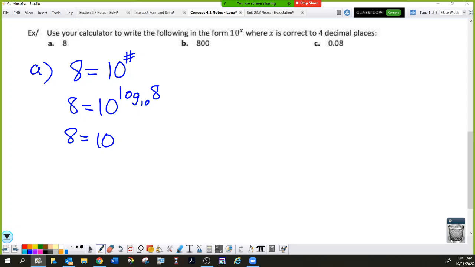On everybody's calculator, there's a button that just says log that assumes base 10. So what is log of 8? And to 4 decimals, it should be 0.9031. And yes, if you raise 10 to that power, you will get something dangerously close to 8.